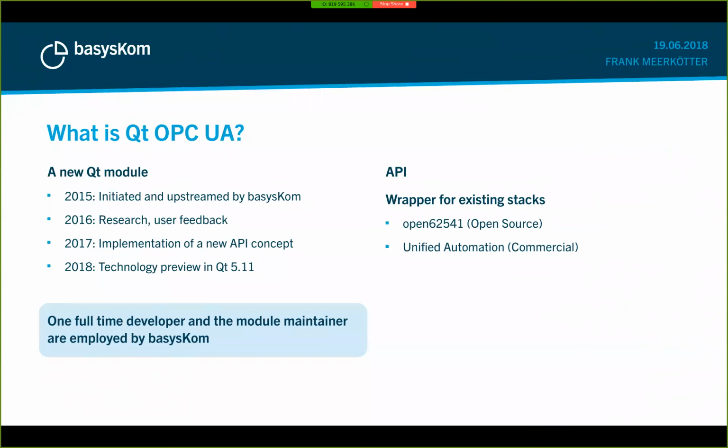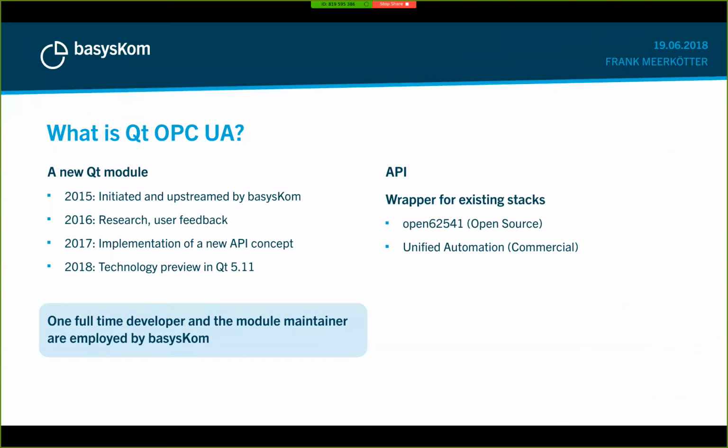There are two plugins for existing stacks available. One is for the Open62541 stack, which is a free re-implementation of the protocol. That's an open source project, very active, and this is also something where basysKom is working upstream.